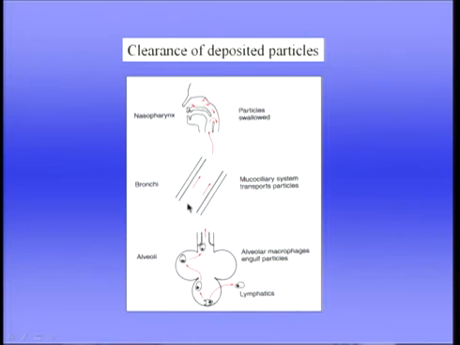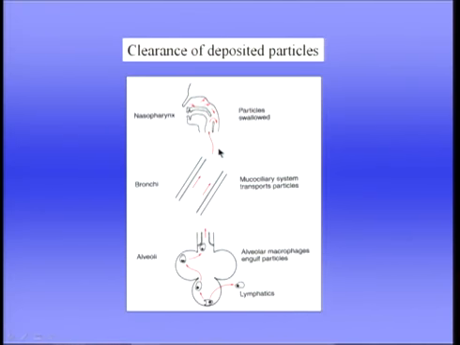So the mucociliary system is confined to the airways, because it certainly doesn't occur in the alveoli. The particles are moved up by the mucociliary escalator, and then they're tipped over into the gastrointestinal tract at the epiglottis.